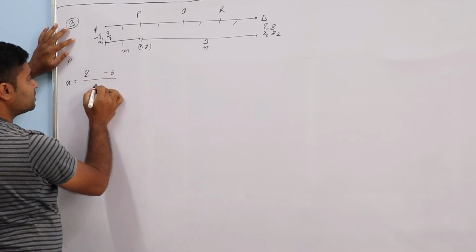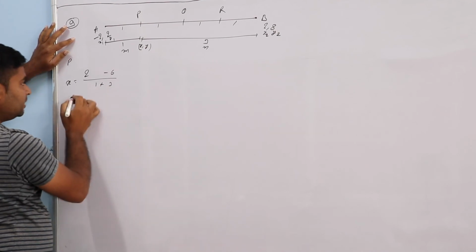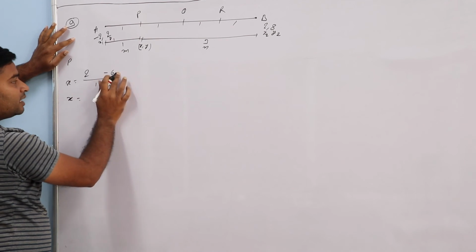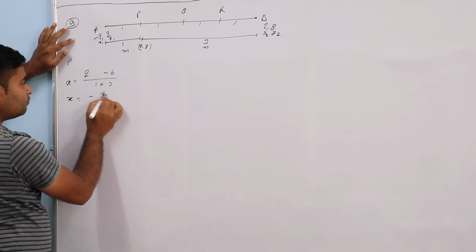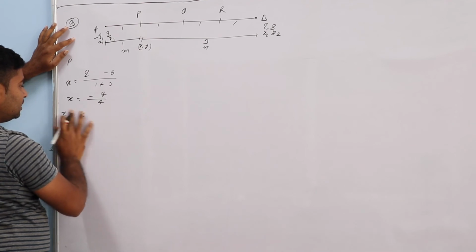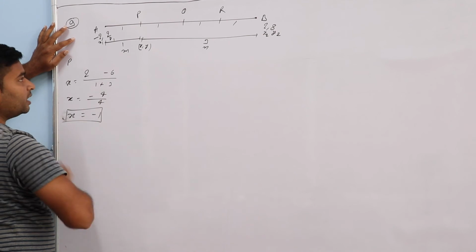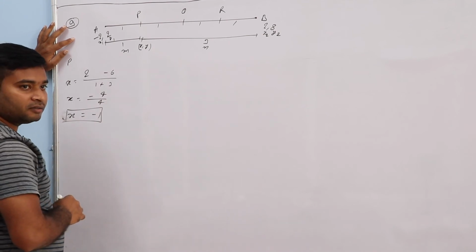Minus 6 by 1 plus m plus n. This is minus 4 by 4, so x is equal to minus 1.